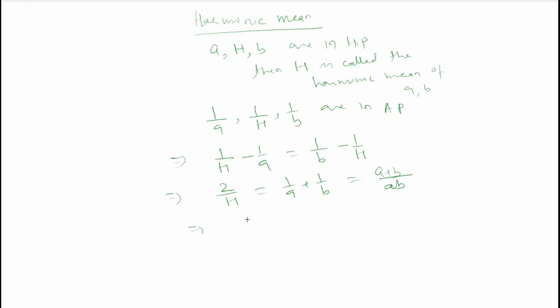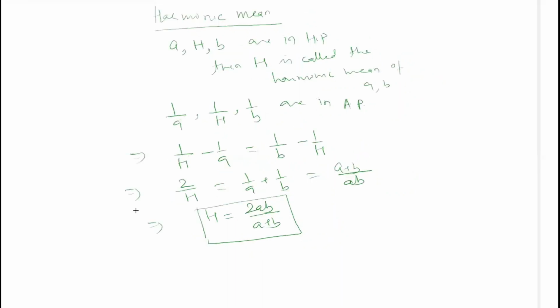Or I can say that H is actually equal to 2AB upon A plus B. So this is what is called the harmonic mean, H equals 2AB upon A plus B.